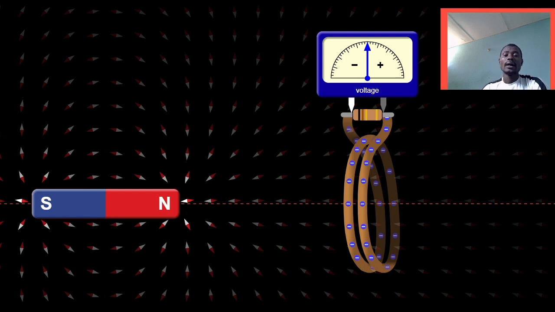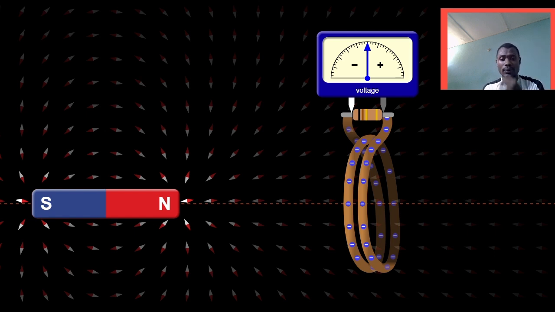Now this is what is going to happen. We need three components, or elements, to demonstrate electromagnetic induction. Induction means you induce, you make things happen by something.